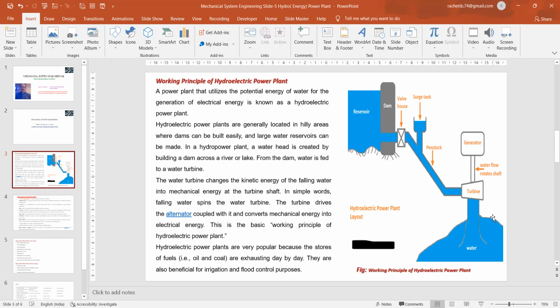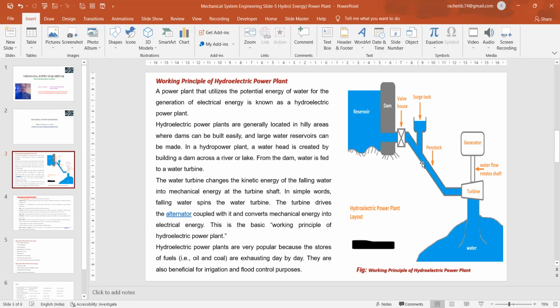After the work of the water is completed, at the exhaust there is a draft tube. The area of the outlet is called the tail race, and the area at the inlet is called the head race. So: head race, reservoir, dam, valve house, surge tank, penstock, generator, turbine, and the tail race with a draft tube.